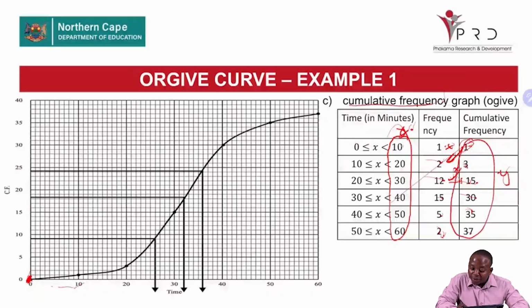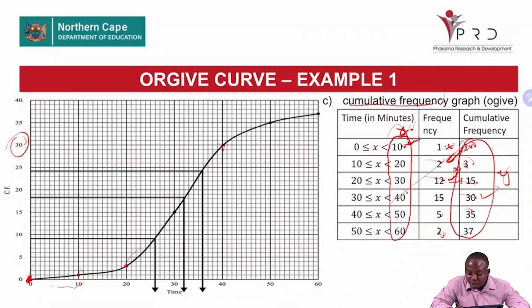Then for the upper limit of 10, the cumulative frequency is 1. We go to 10 and get the value of 1 there. At 20, we get the value of 3. It continues like that. At 40, we get the corresponding cumulative frequency of 30.